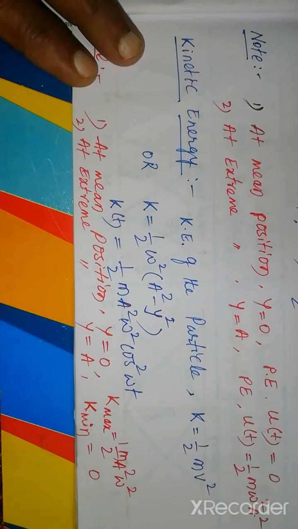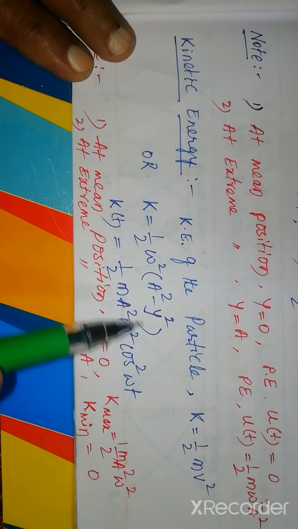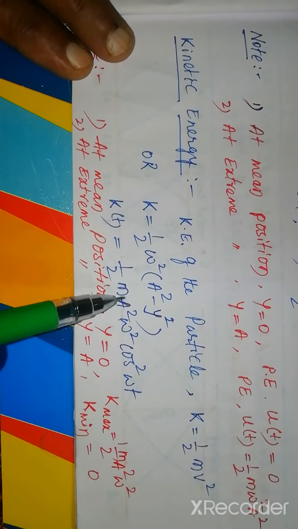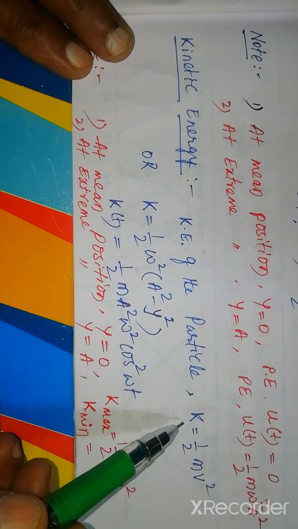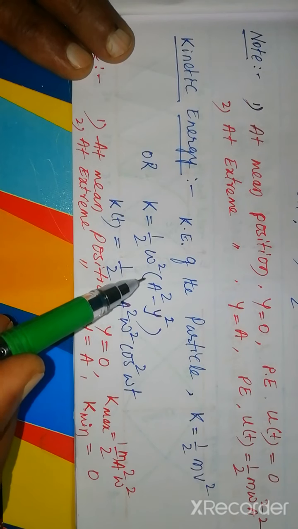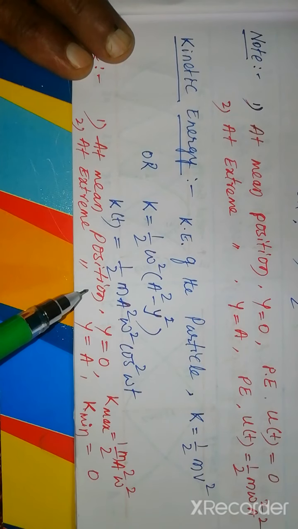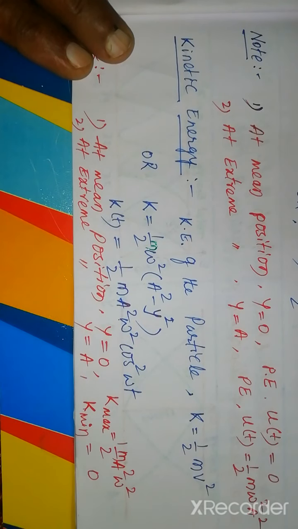Further, kinetic energy of the particle. The particle or the body executing simple harmonic motion possesses kinetic energy because of the velocity. The expression for kinetic energy at any given instant of time is K equals half m v square.